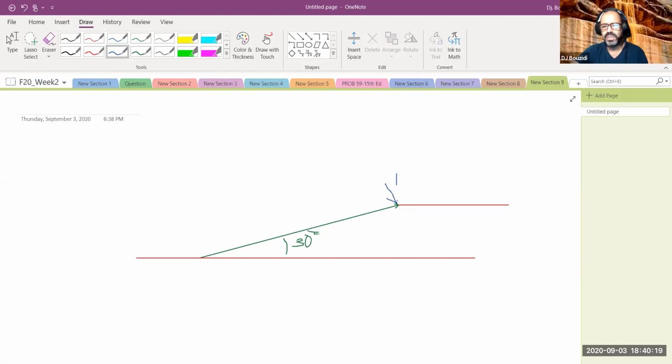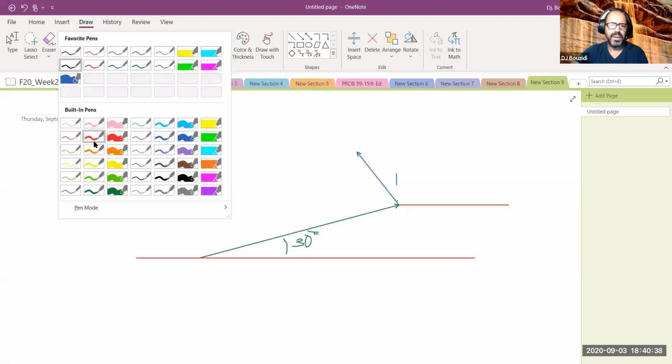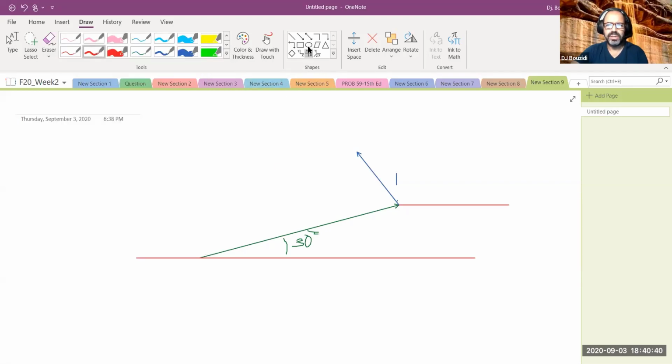This is about 120 degrees, okay? So I'm going to draw a vector now of about 120 degrees, which is this much. The resultant of these 2 vectors is going to be, let me get a thicker line in here. So this is the resultant, okay, of the two vectors.